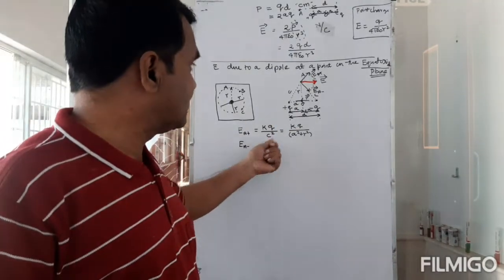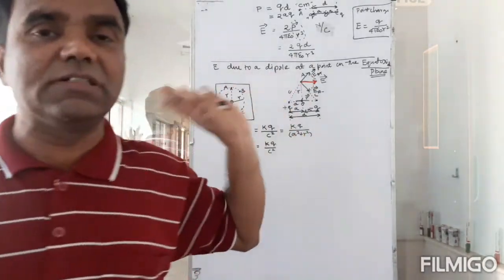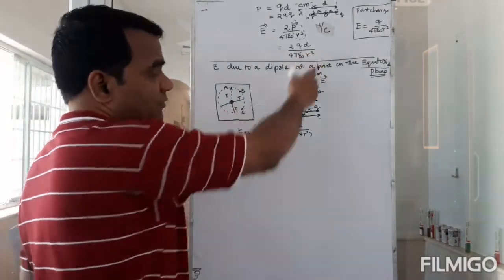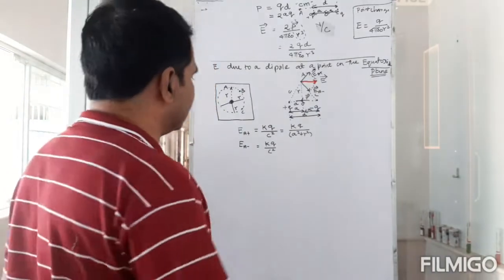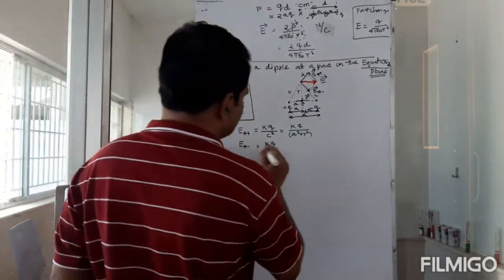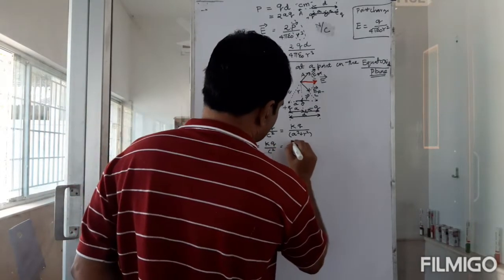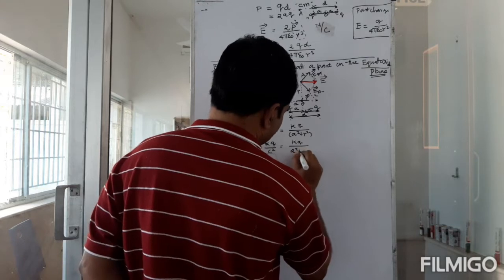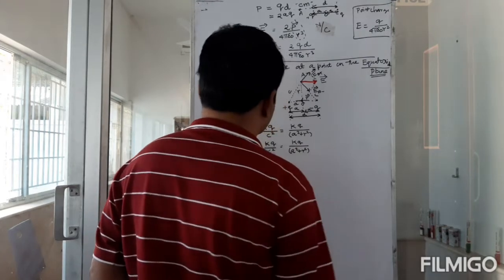I don't need the negative sign to calculate the magnitude of this force. So KQ by C squared gives me KQ by A squared plus R squared. That's wonderful.